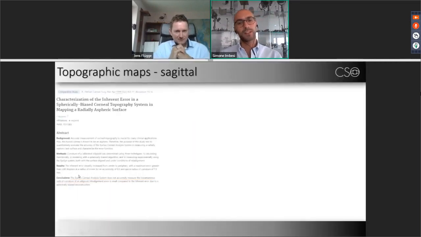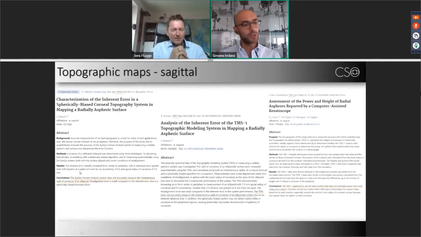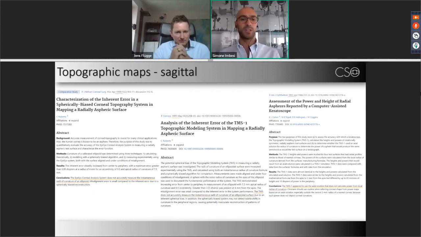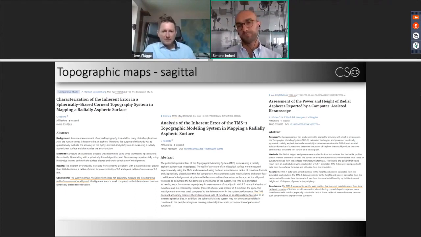10 years later, with the publication of Stephen Klyce and the large diffusion of refractive surgery treatment, many surgeons complained about a low accuracy in this kind of map, especially in the periphery of the reconstruction of the cornea.